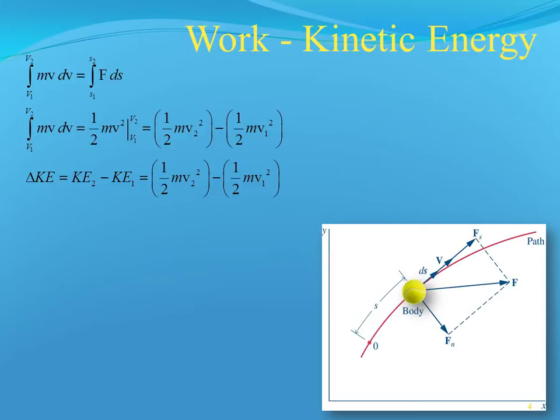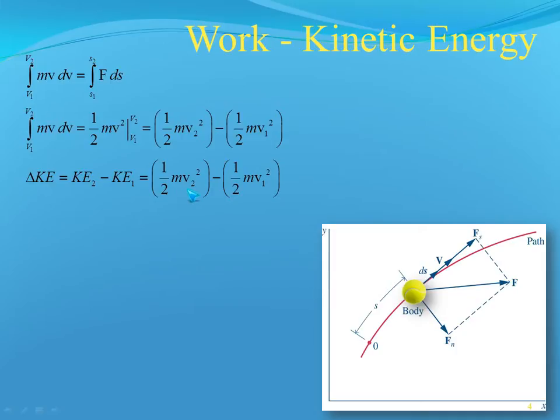So if we were to go through our equations, let's say we set these two equations equal and we started doing some integration and derivation. We don't have to go through all the details of that, but we end up getting that a change in kinetic energy for an object is dependent upon its mass and velocity.